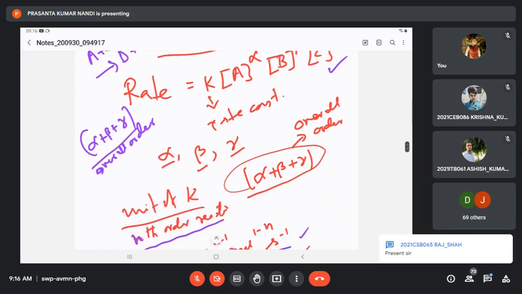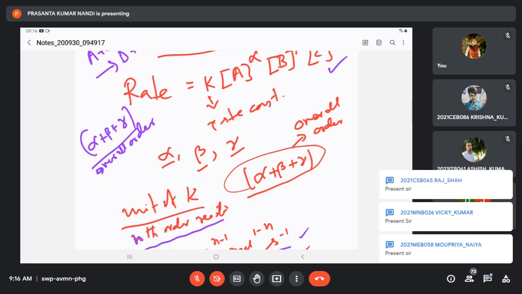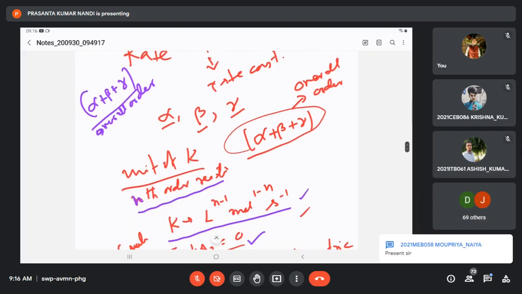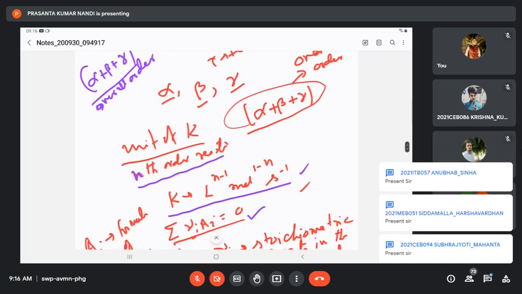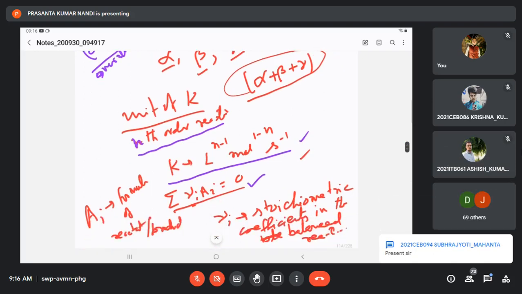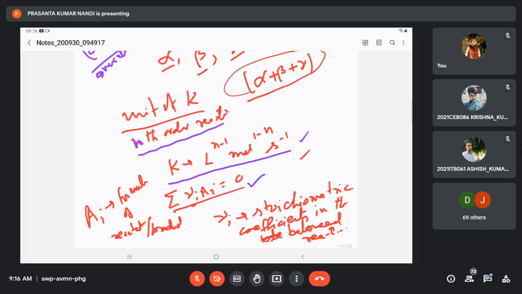So what is the unit of K, the rate constant, of an nth order reaction in general? It is given as a general expression, as you know: the rate constant K has the unit liter raised to the power n minus 1, mole raised to the power 1 minus n, and second inverse.